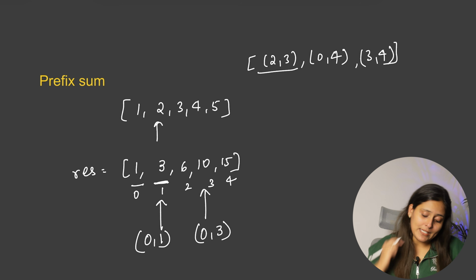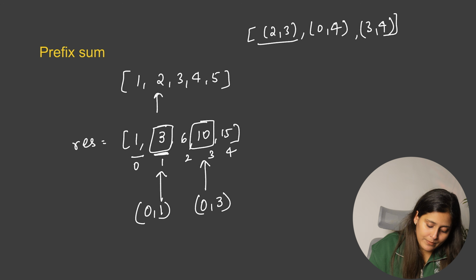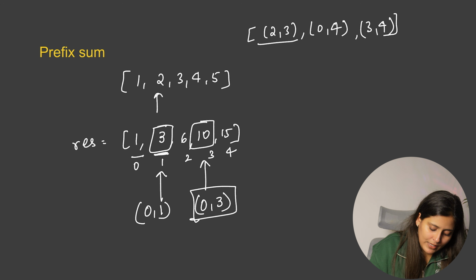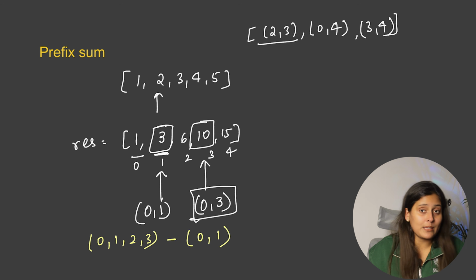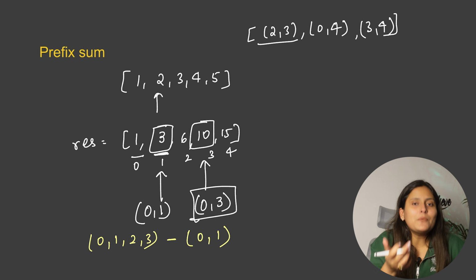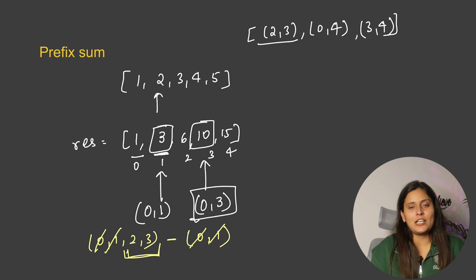So don't you think if you subtract this and this, you will get the summation? I am saying 0 to 3, so it will have answers for 0 index, 1 index, 2 index and 3 index, correct? And now I am saying for 0 to 1, so the 0 index and 1 index summation will be there. So basically I am subtracting it, removing 0 and 1 from here.